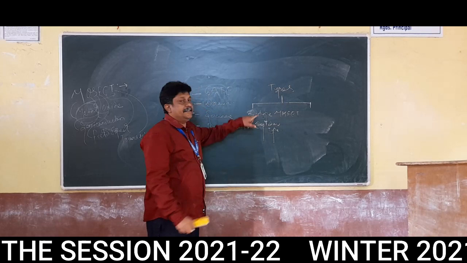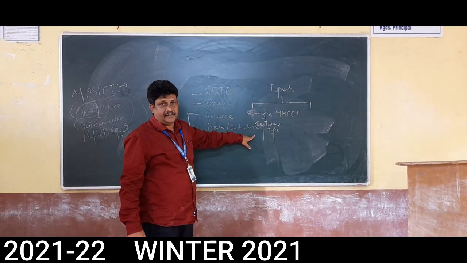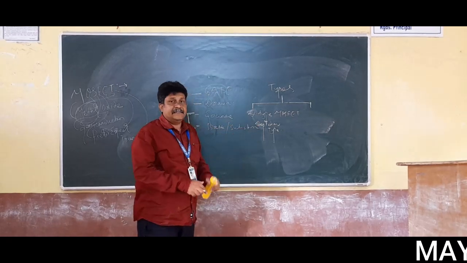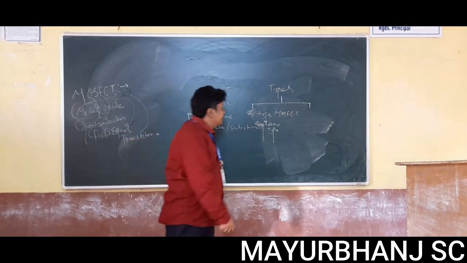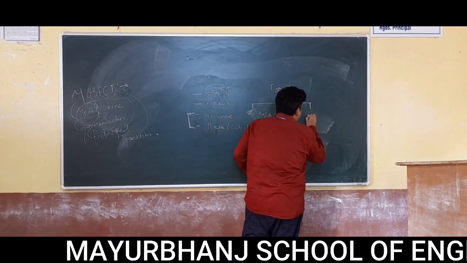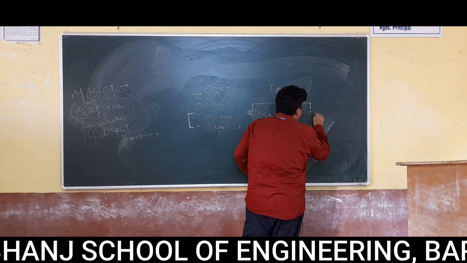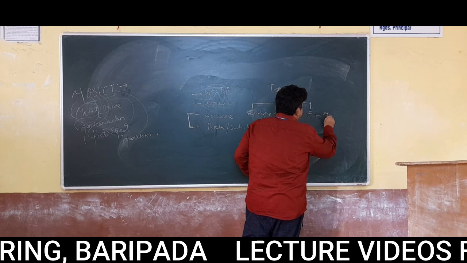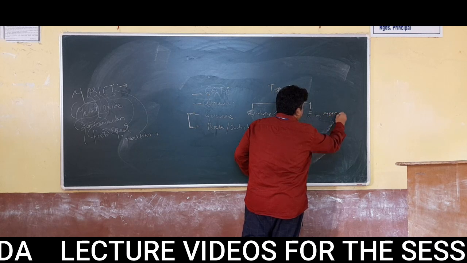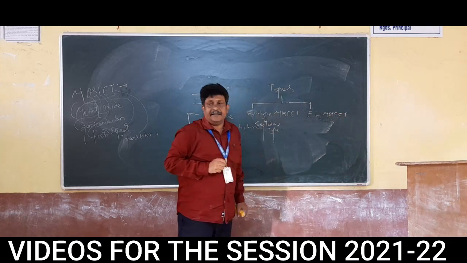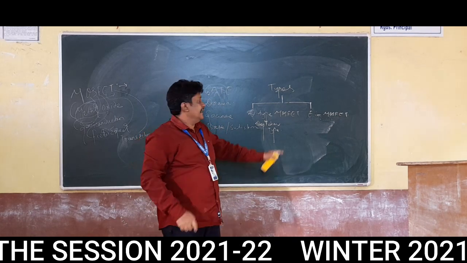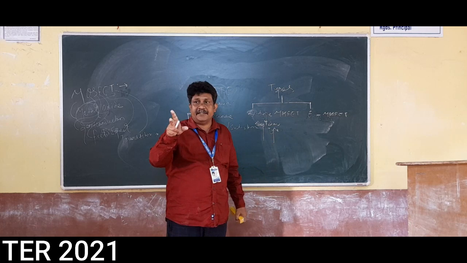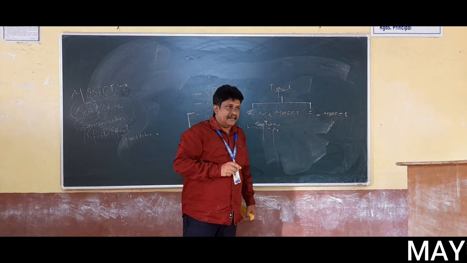Clear? Now we will see the second type of MOSFET, and that is your E-type MOSFET, or E MOSFET. What is the meaning of the word E? E is nothing but the enhancement type MOSFET.